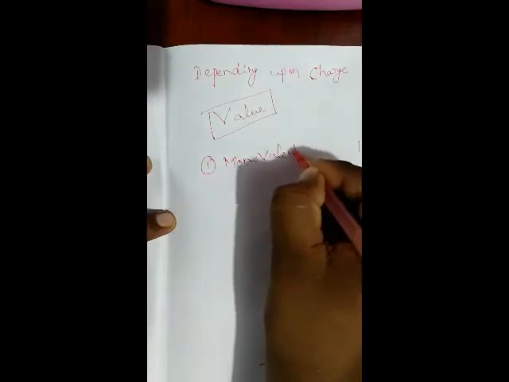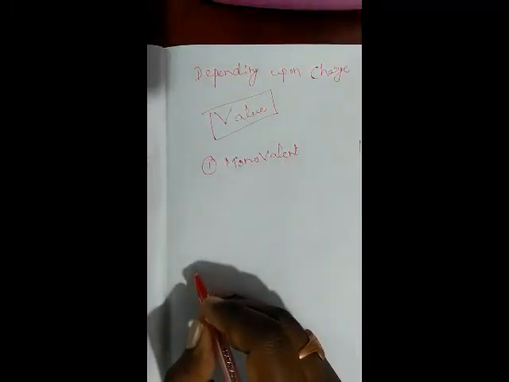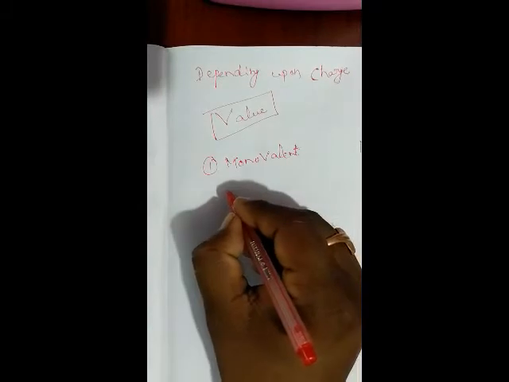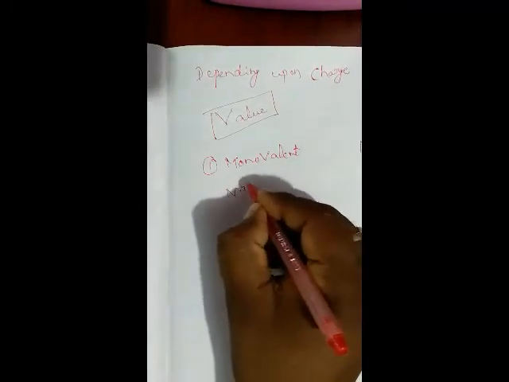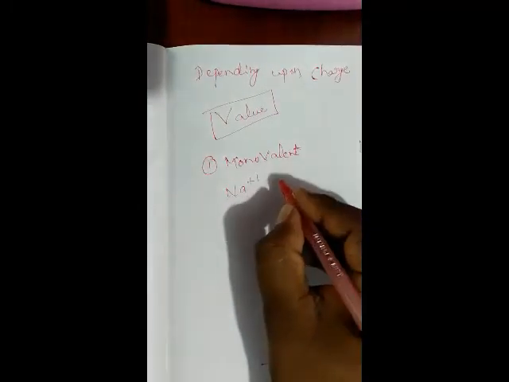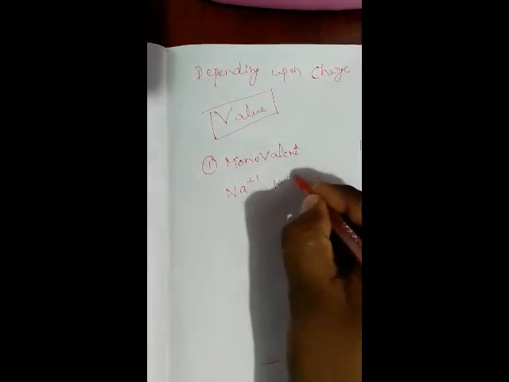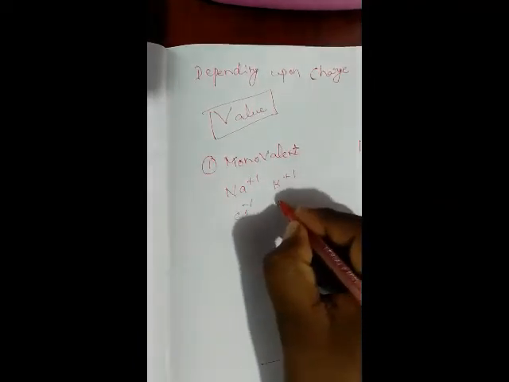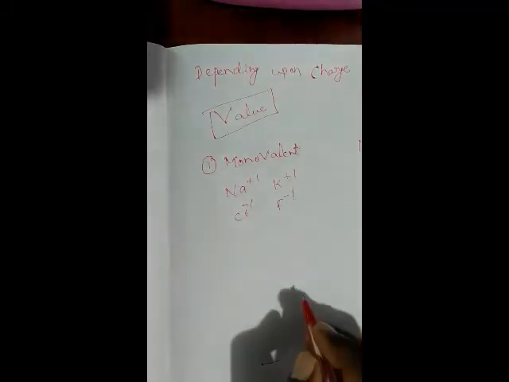The first type is monovalent. Here there is no need to separate positive and negative charge; combine them. Monovalents are Na plus 1, K plus 1, Cl minus 1, F minus 1.